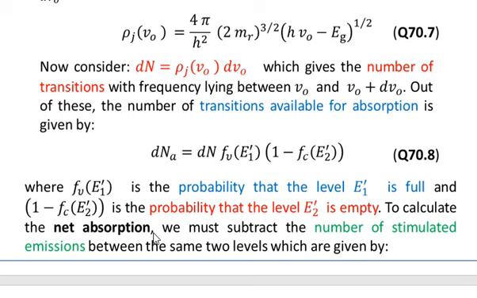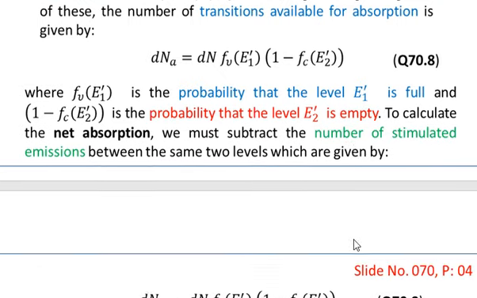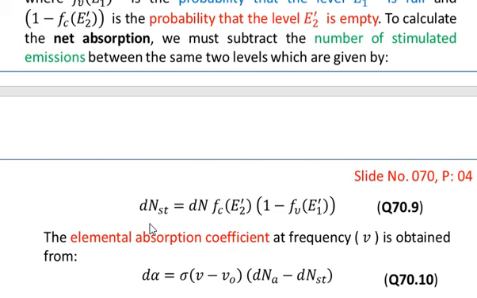So we are now finding out the stimulated emission number, that is dnST. ST stands for stimulated, is equal to dn, which represents the total number of transitions, multiplied by Fc of E2 prime and multiplied by 1 minus Fv of E1 prime.